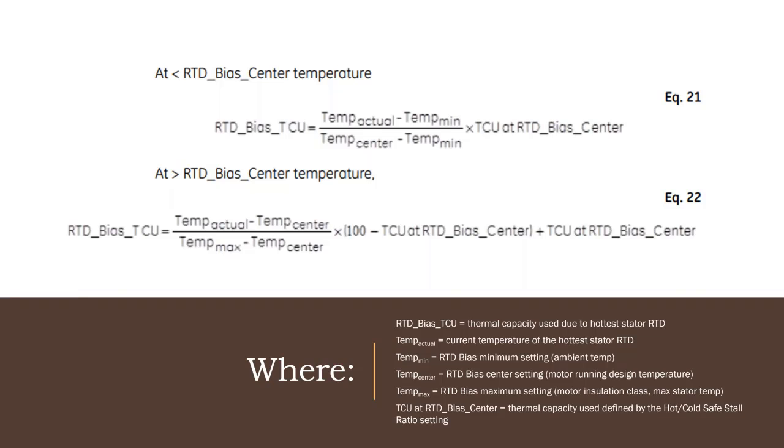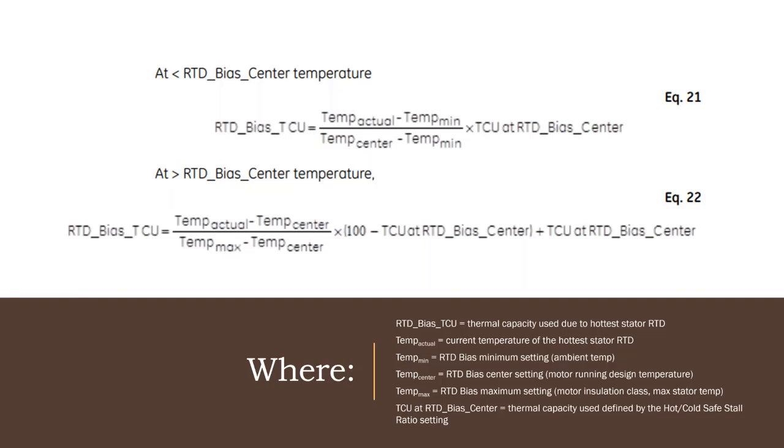So let's go back and see how we get the quantity known as thermal capacity used RTD bias, which is different now, again, from the thermal capacity used, or TCU, of the thermal overload model.